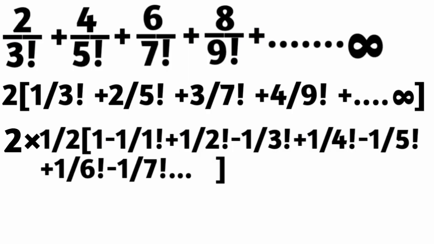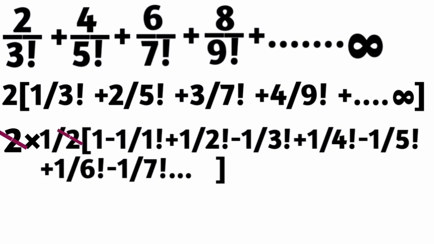And so we can write the given series as 2 into 1 by 2 into 1 minus 1 divided by factorial 1 plus 1 divided by factorial 2 minus 1 divided by factorial 3 plus 1 divided by factorial 4 minus 1 divided by factorial 5 plus 1 divided by factorial 6 minus 1 divided by factorial 7 and so on up to the last term, that means the infinity term.